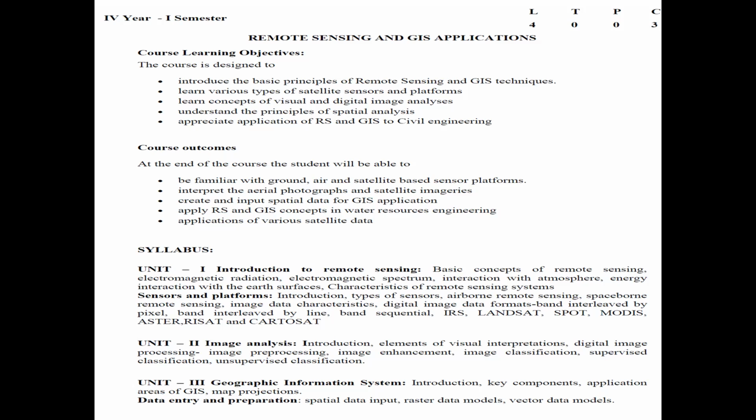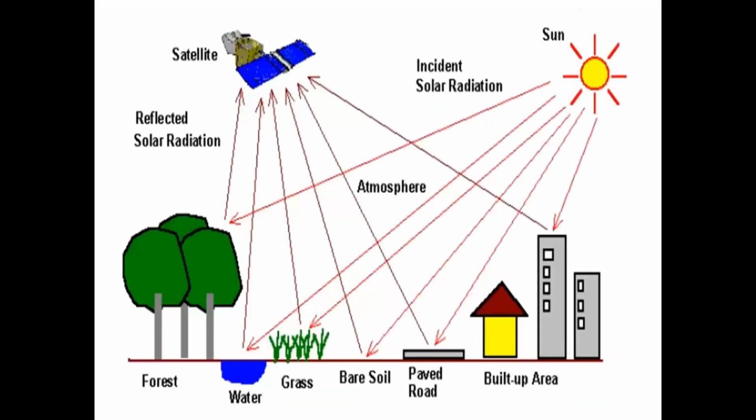Overall, 6 units are there. First unit: introduction to remote sensing, the basic principle. What is the principle of remote sensing? See this picture. The sun rises in the air, and sunrays are creating some energy.